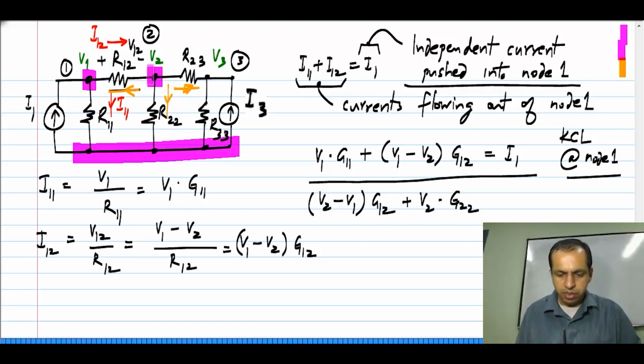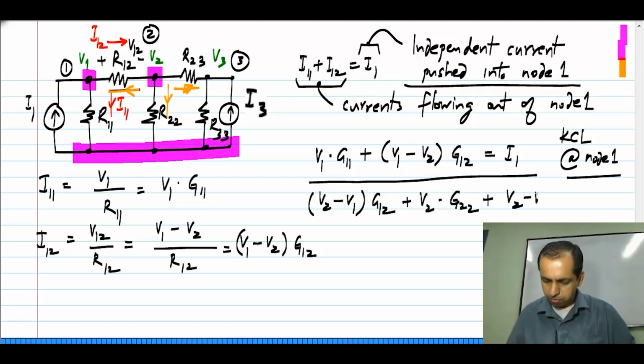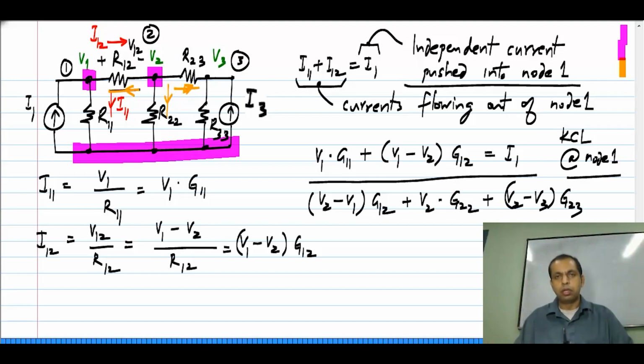And finally, the current through R23 is V2 minus V3 times G23. Okay. So, again we are looking at currents flowing away from node 2. Please be mindful of the direction of currents. It is always currents flowing away from a particular node equals the independent current source being injected into that node. The independent current source being injected into node 2 is 0. So, the sum of all of this is just 0.